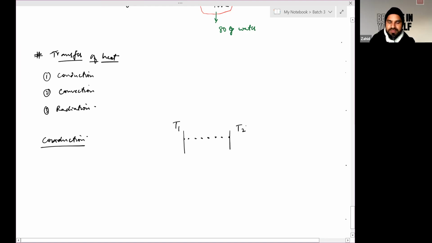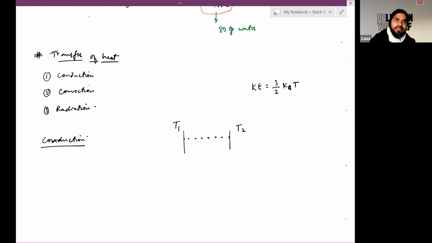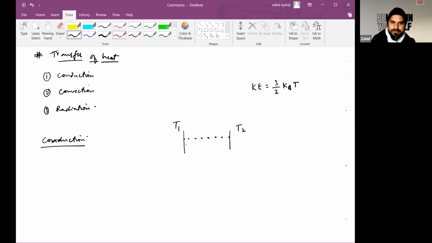So due to this temperature difference, or due to the rise in temperature at this left end, the thermal kinetic energy of these particles would increase. According to the formula, kinetic energy equals 3 by 2 kBT, where T is temperature and kB is the Boltzmann constant. So on raising temperature, the thermal kinetic energy of particles at this first end will increase.